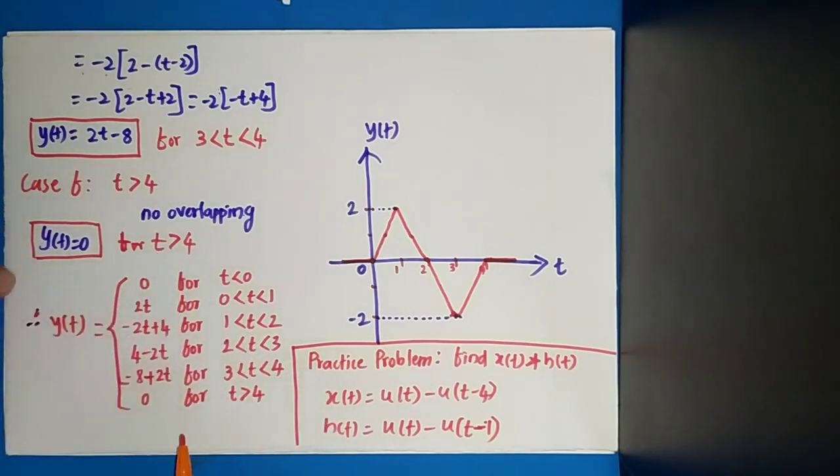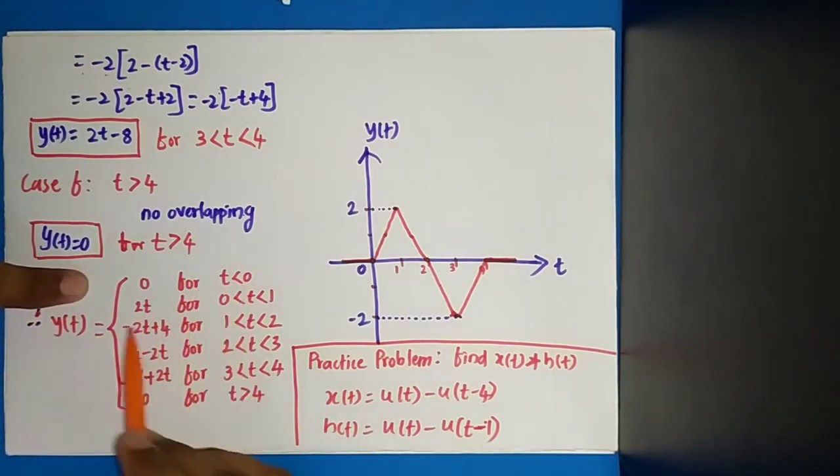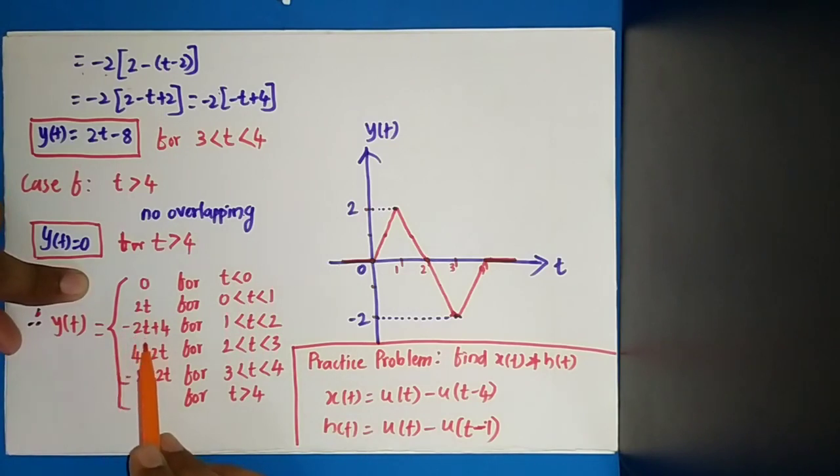Now if you have all the expressions, what we have is: y of t is equal to 0 for t less than 0, 2t for t between 0 and 1, minus 2t plus 4 for t between 1 and 2, 4 minus 2t for t between 2 and 3, minus 8 plus 2t for t between 3 and 4, and it is 0 for t greater than 4.